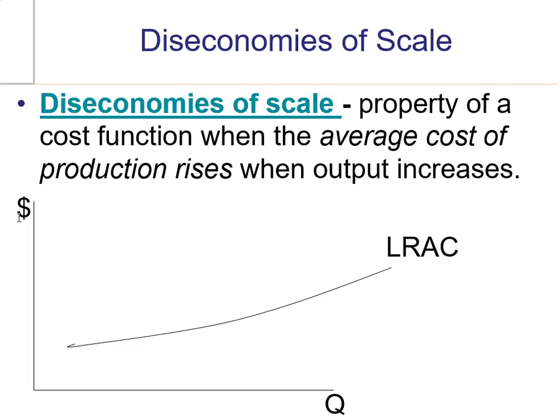So for General Motors, they wanted to get smaller to lower their average cost. So General Motors was experiencing diseconomies of scale. It was worse being bigger. So now they're no longer the world's largest automotive company, and let's hope General Motors can return to profitability.